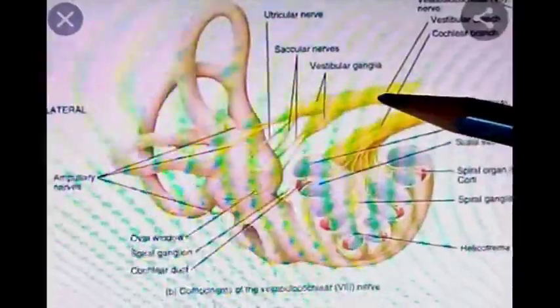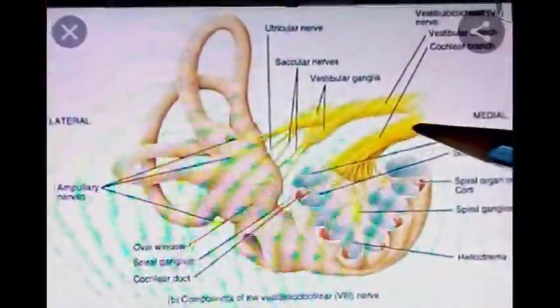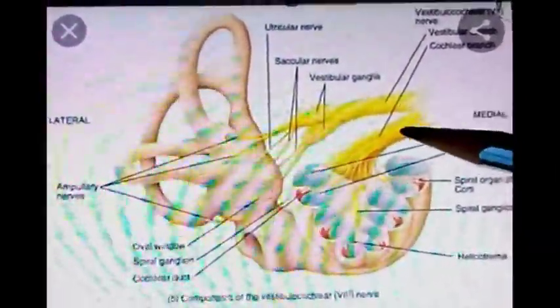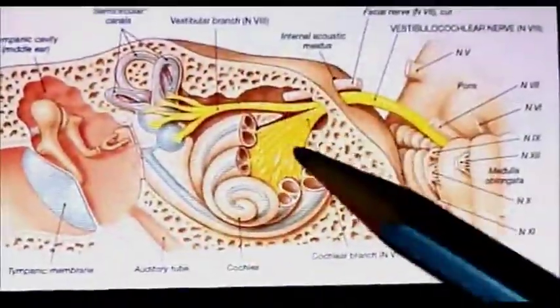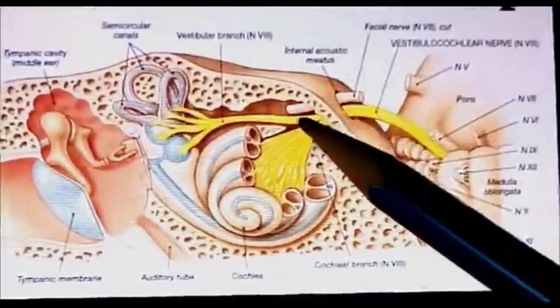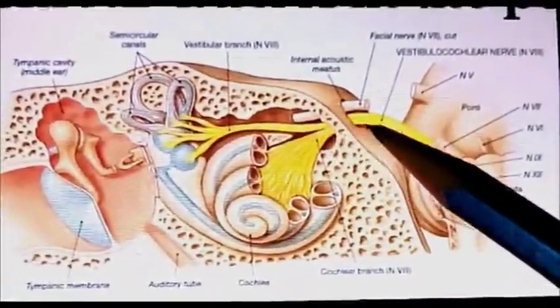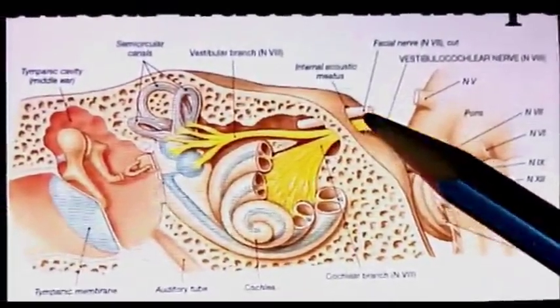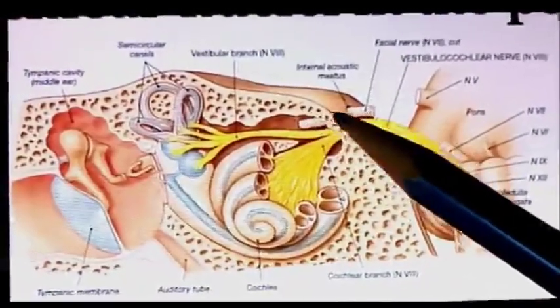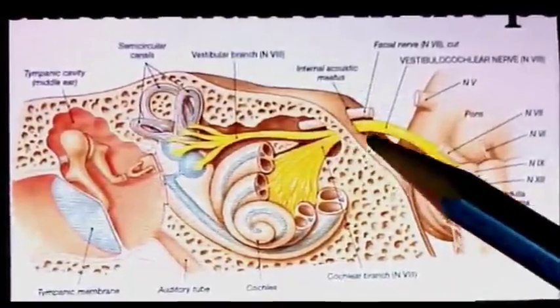So ultimately, vestibular and cochlear nerves combine together to form the vestibulocochlear nerve. The vestibulocochlear nerve leaves through the internal acoustic meatus and then passes to the brain, and facial nerve lies superior to the vestibulocochlear nerve in the internal acoustic meatus.